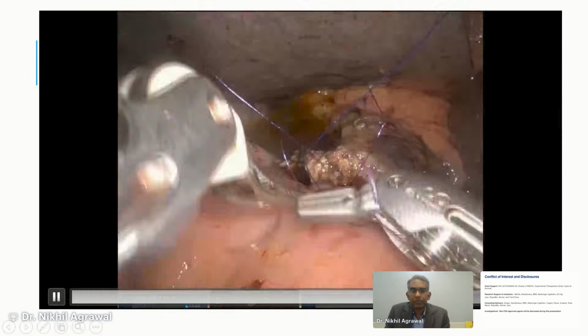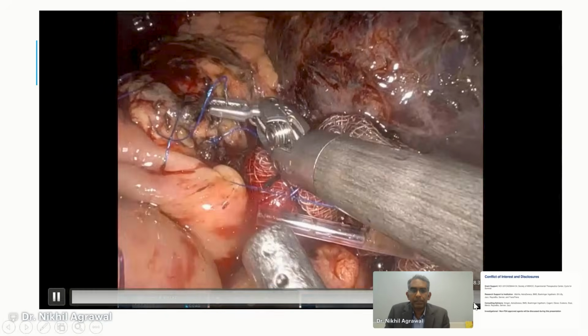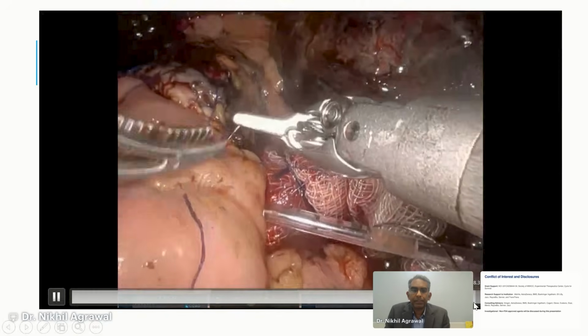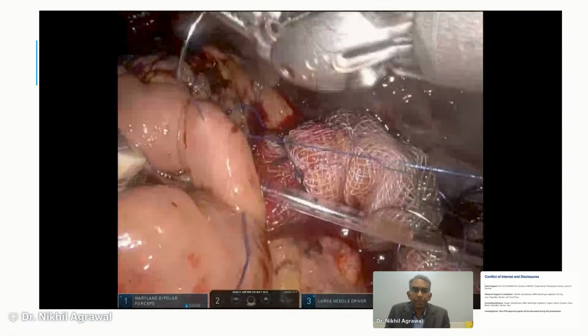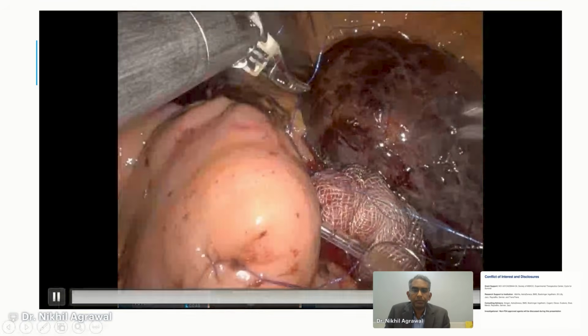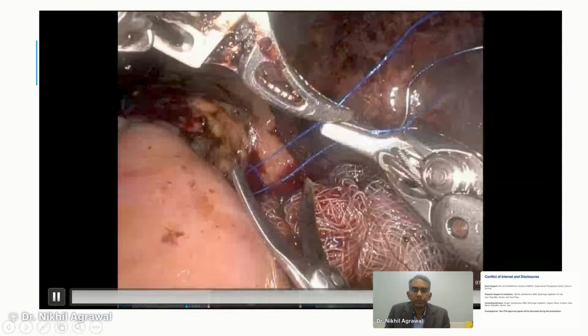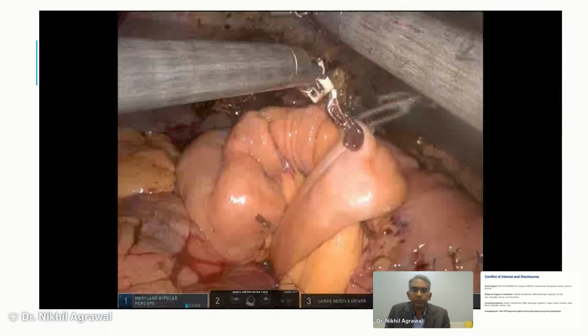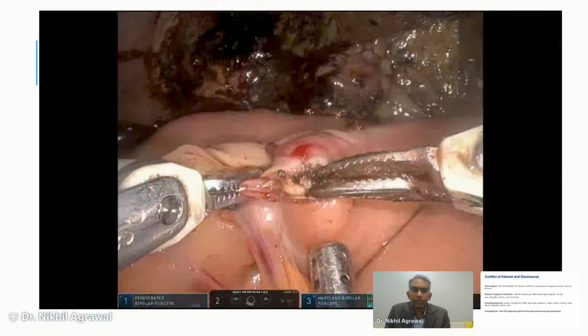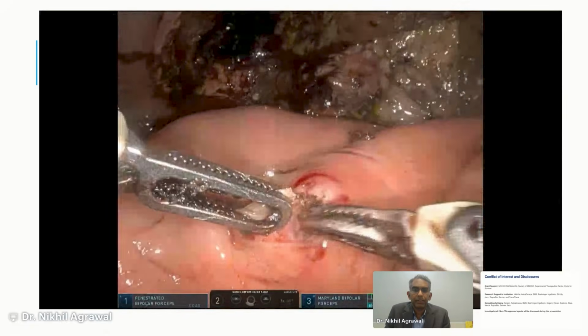Let's just fast forward this a bit. We've completed this, and then we'll complete the anterior layer. Then we have to anastomose the jejunum to the bile duct.